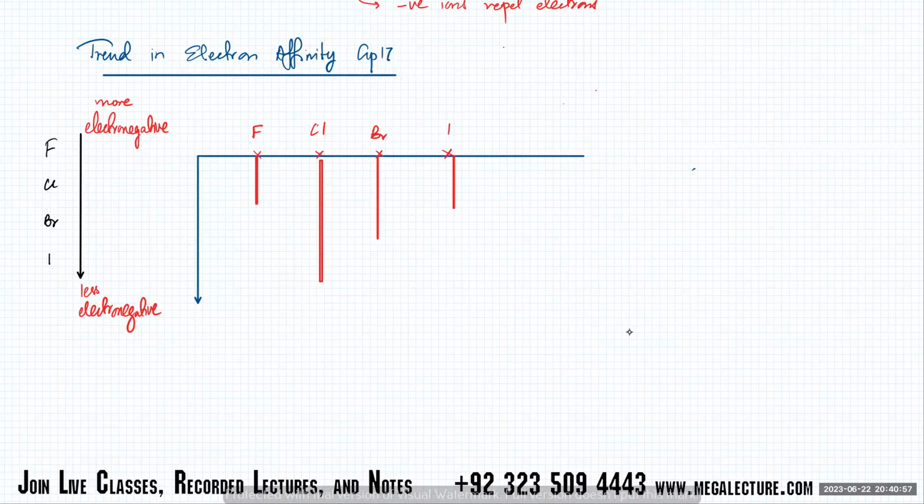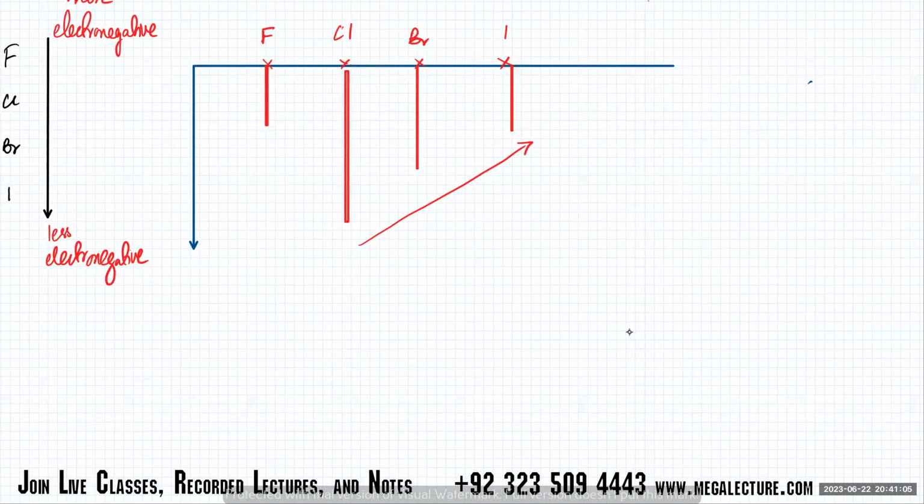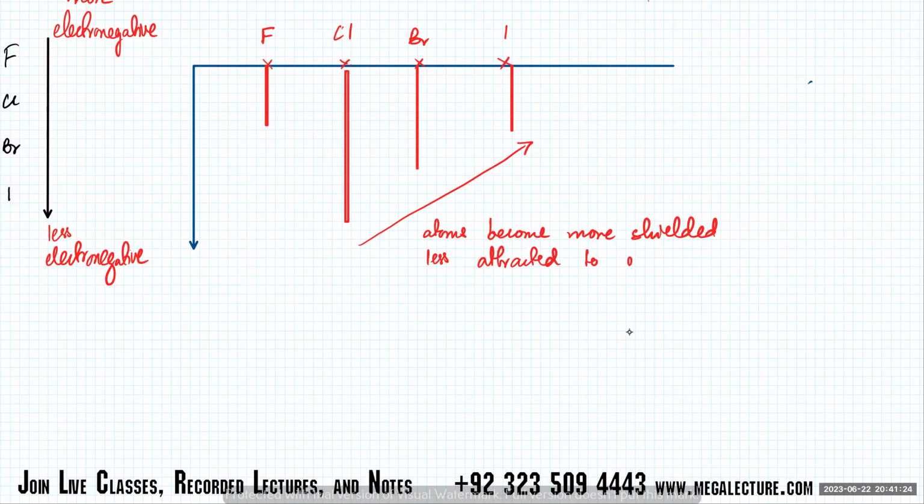The rest of them are following a pattern, and the reason for that is that the atoms become more shielded, and they are less attracted to electrons.